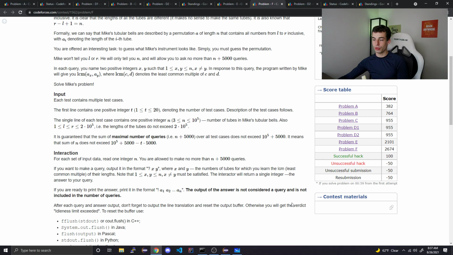And if you pick a bunch of random pairs, the GCD of those pairs is probably going to be 1.